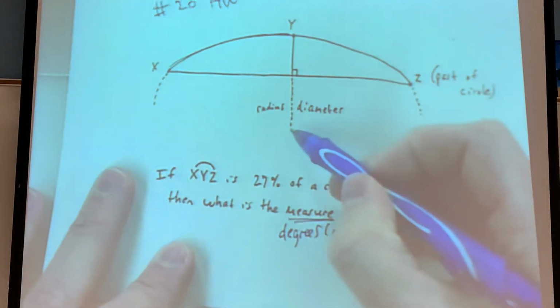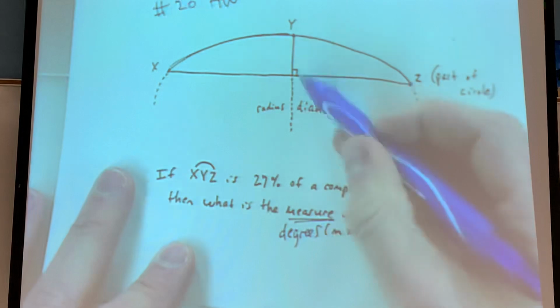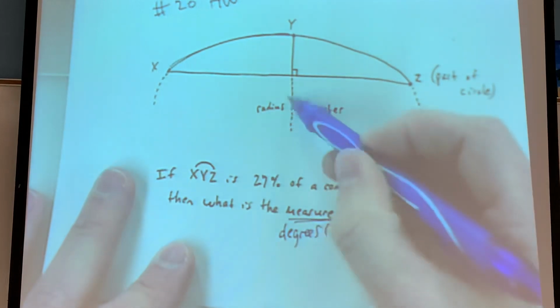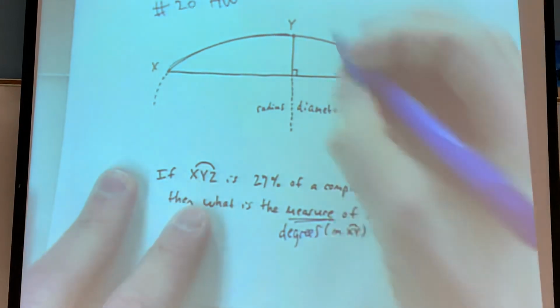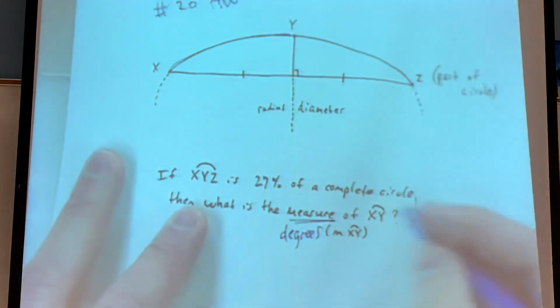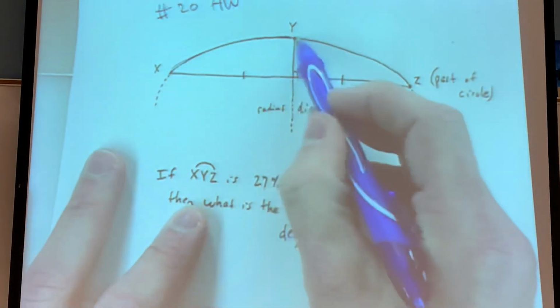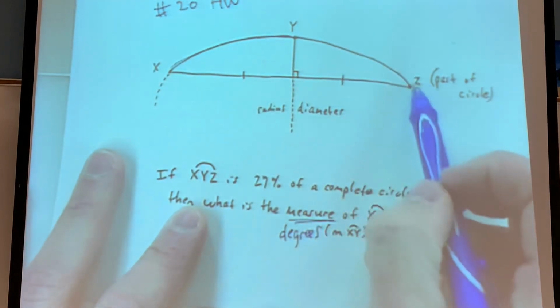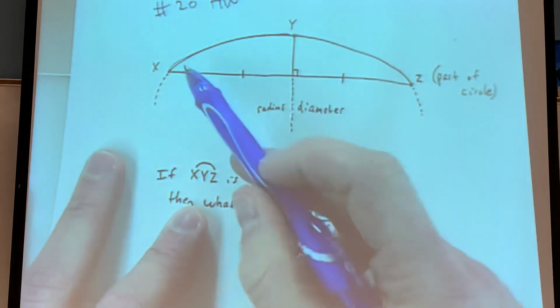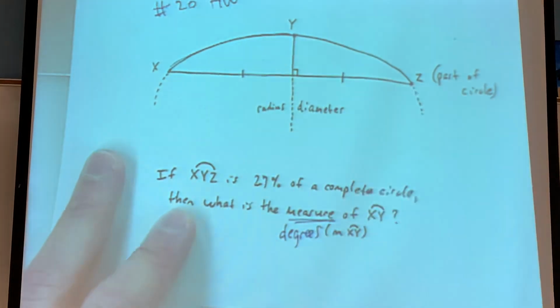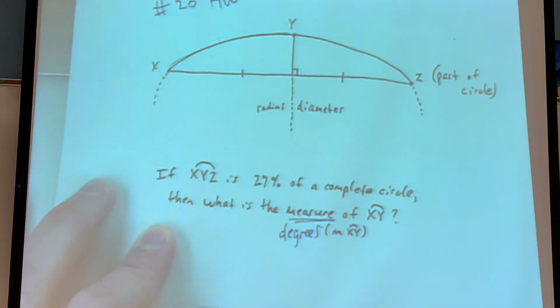Now, if this is the radius or diameter coming out of the center, it's going to chop these in half. So that means this arc and this arc are congruent. All right, so XY is half of this entire arc. A couple different ways you can do this.